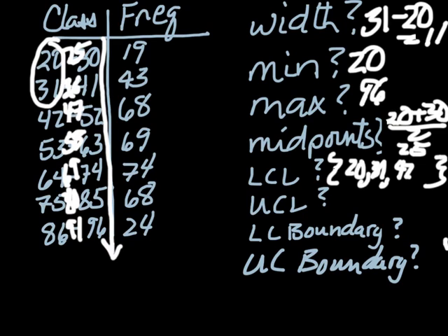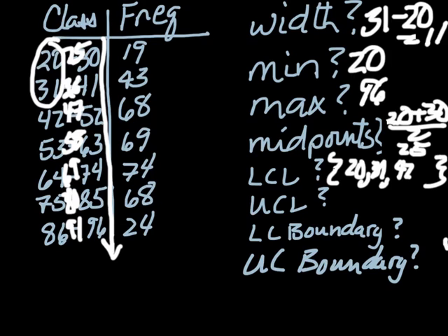What are the lower class boundaries? Well, since all of these upper and lower limits are separated by 1, the lower class boundaries are going to be a half below that.